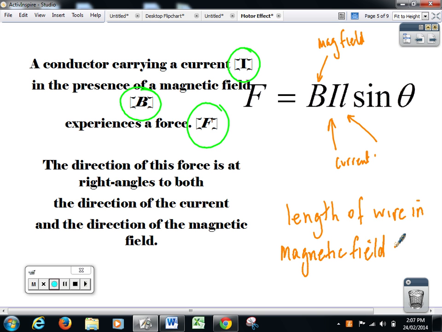So that's what L stands for. And the last one there is sine theta, and we'll get on to that more in the next lesson. But this is the angle that the wire makes. Okay? And we will really look at this formula in great depth in the next lesson, but not today.